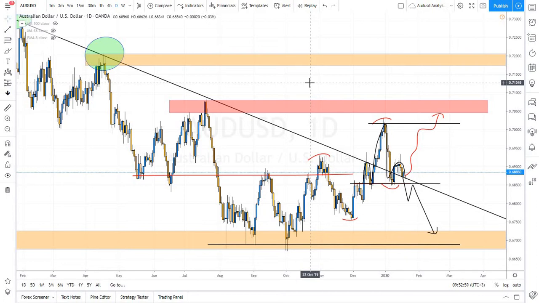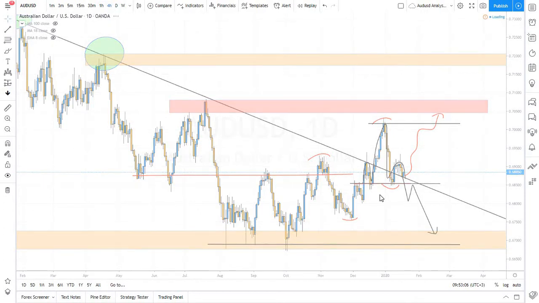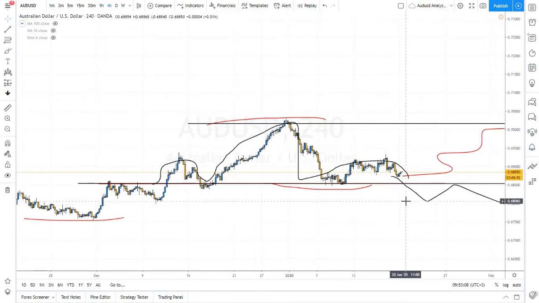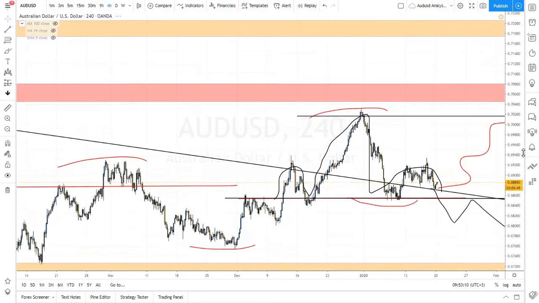So we react based on what happens in the market today. For that, you can use the 4-hour time frame, which we're able to do moves for the day.